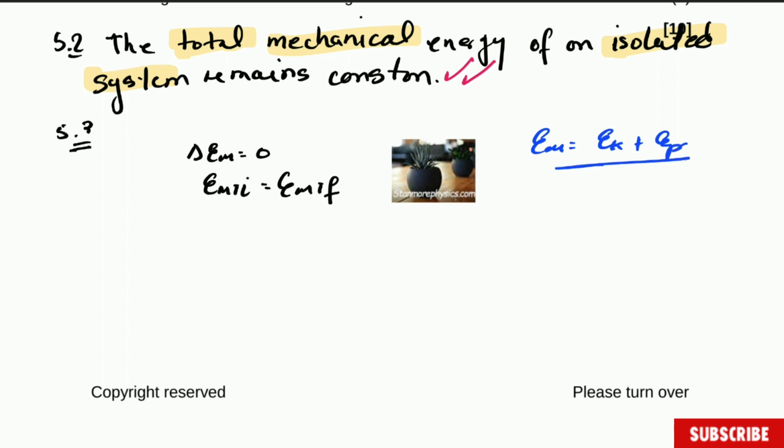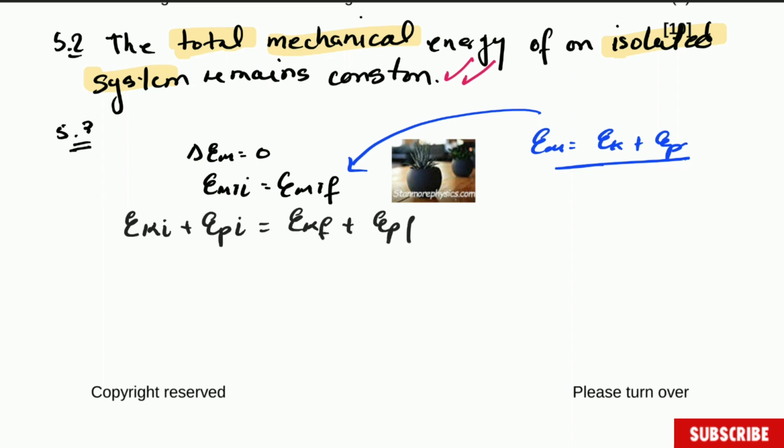This is an important thing you need to remember because you are going to substitute in there on each side. So you come here and you say mechanical energy initial is the addition of kinetic energy initial plus potential energy initial, and this is equal to kinetic energy final plus potential energy final.